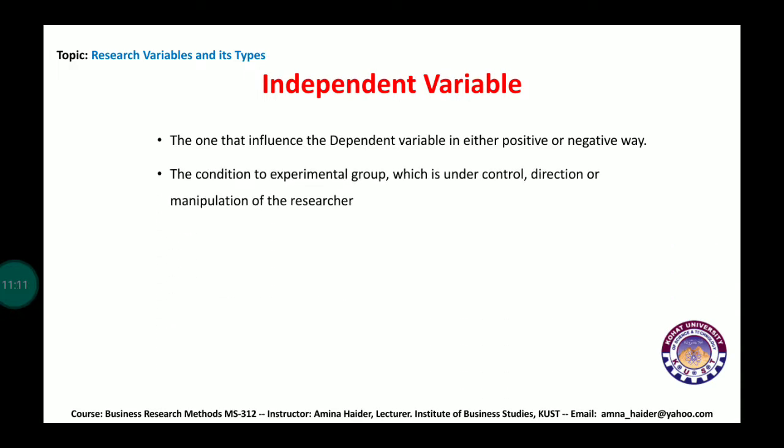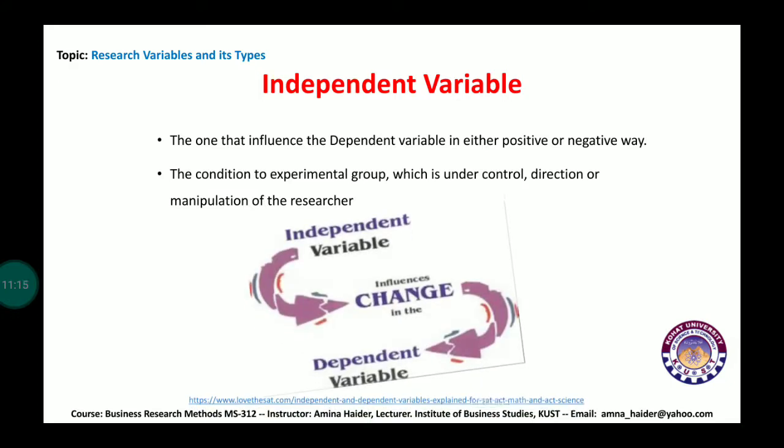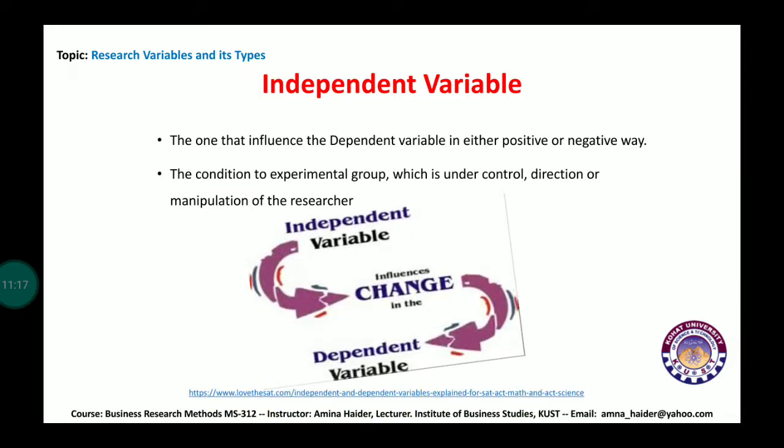The condition to the experimental group, which is under the control, direction or manipulation of the researcher. You would remember a management theory, the Hawthorne studies, that we discussed in the Principles of Management course.